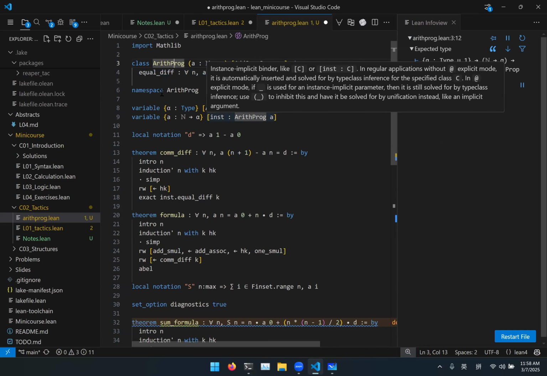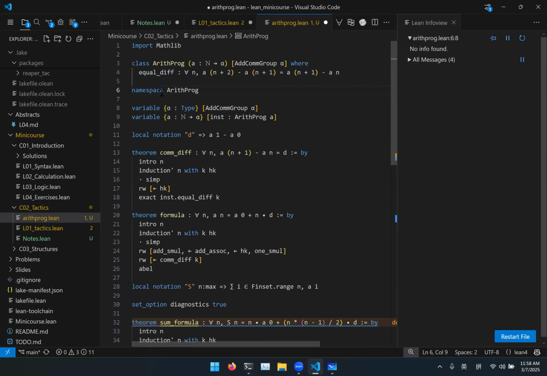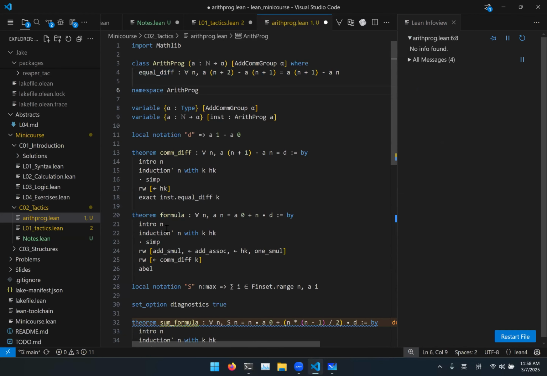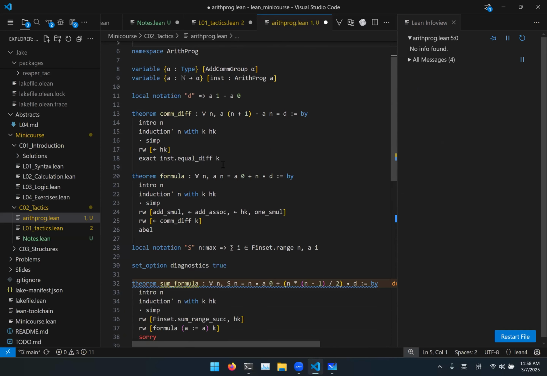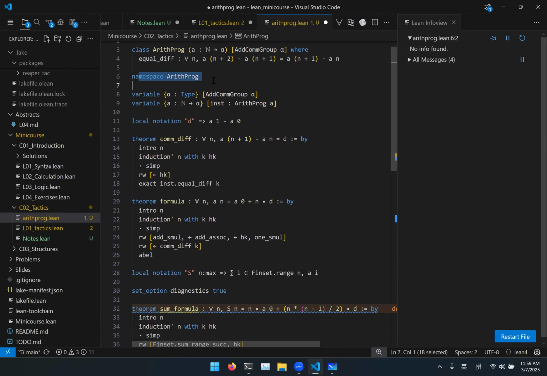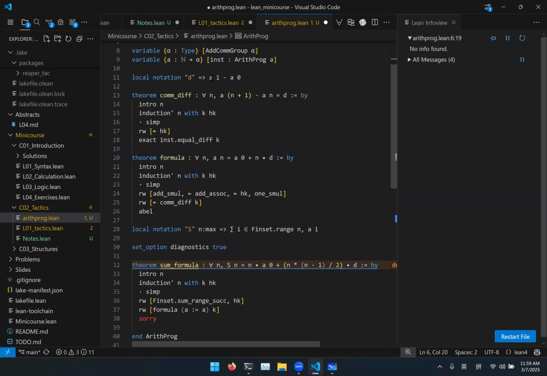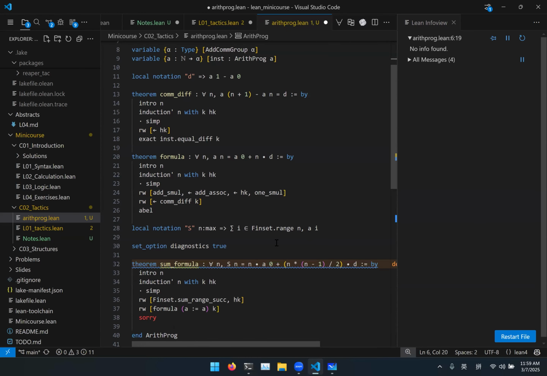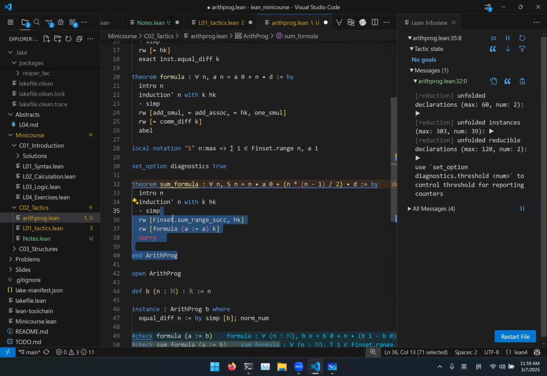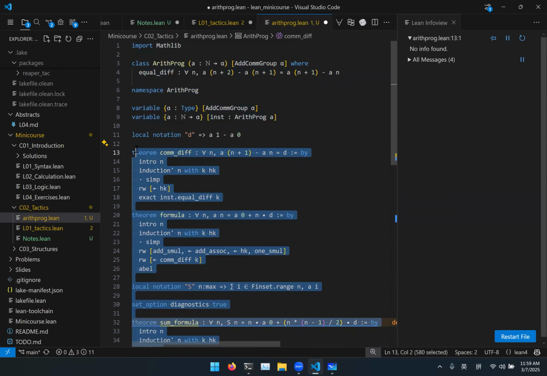So that in this case, anywhere we supply this proof, Lean will know we are talking about an arithmetic progression. So how can we organize our file? First, we need to prove some properties and theorems in this structure, in this class. So we first use a namespace to limit the scope of our lemmas.